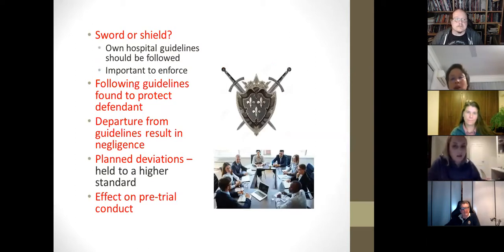What we would not be able to know is the effect of guidelines on pre-trial conduct, because there was only one survey ever in America which surveyed attorneys and asked them whether guidelines influenced their decision to settle, which one quarter said it did, and one quarter said it affected their decision whether to take the case or not within the last month.